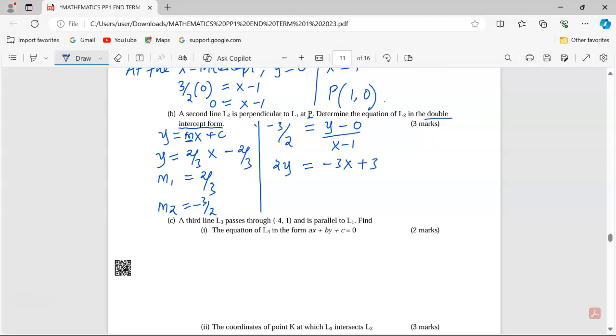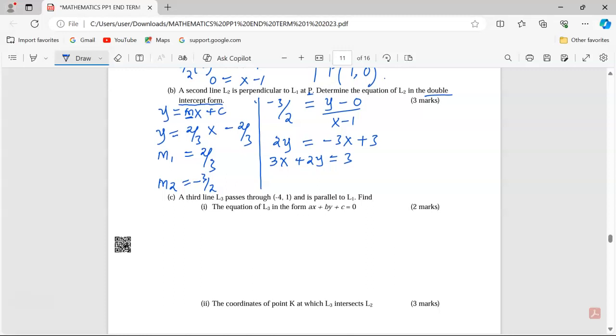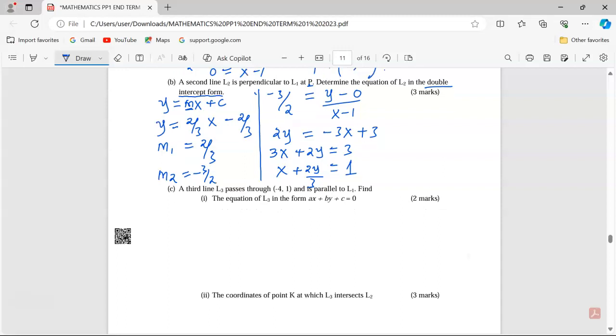This means we have to start with x, so 3x goes to this side, then there is already 2y, to remain with 3, so we should remain with 1 on one side. To remain with 1, we divide uniformly by 3, so 1 equals 3/3 x, which is simply x, plus 2y over 3. So this is the double intercept form for the equation.